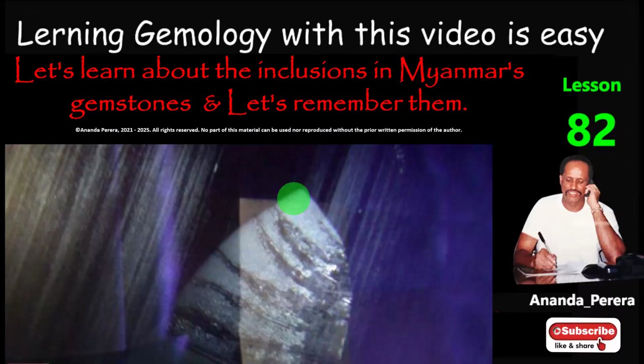Okay, we are moving to inside. In here, the cover photo, I included one of the inclusions we have to remember. Let's learn about the inclusions in Myanmar's gemstones and let's remember them.